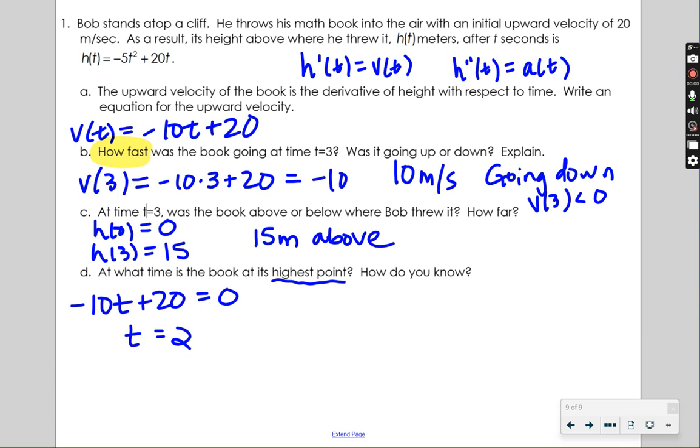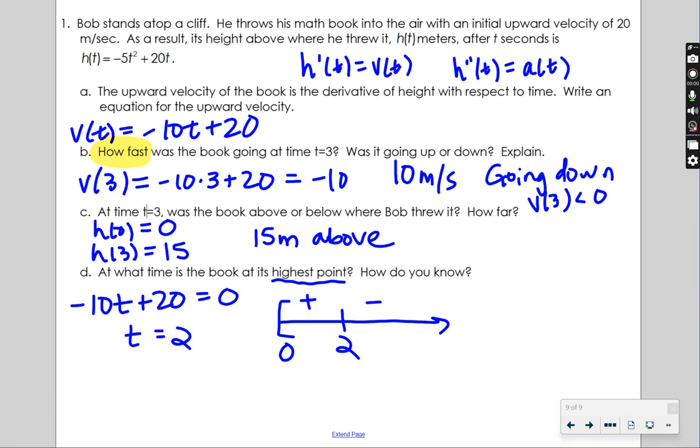2. Okay, I'm going to make a sign line just to verify this. I'm going to make it start at 0. I don't want to go to negative infinity on these problems. Put 2 on here. Between 0 and 2, are we positive or negative? Positive. And then after 2? Negative.